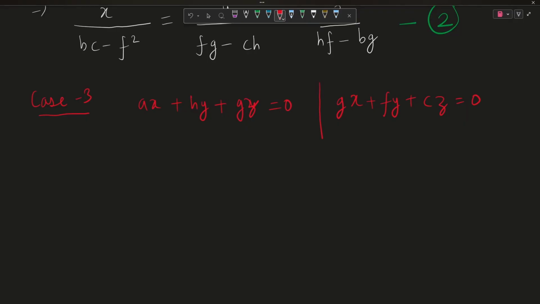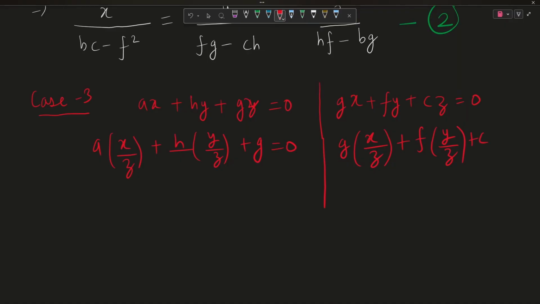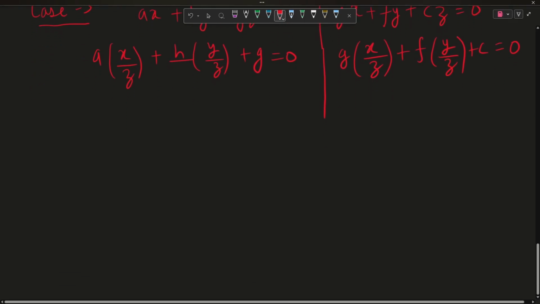Again, we will reduce it into a two variable problem: ax upon z plus hy upon z plus g is equal to 0, and gx upon z plus fy upon z plus c is equal to 0. We will be solving these equations with the help of the cross multiplication method, right?